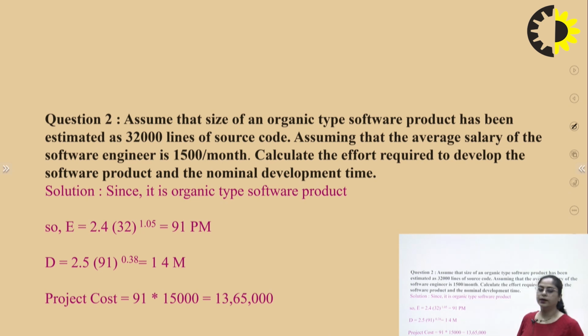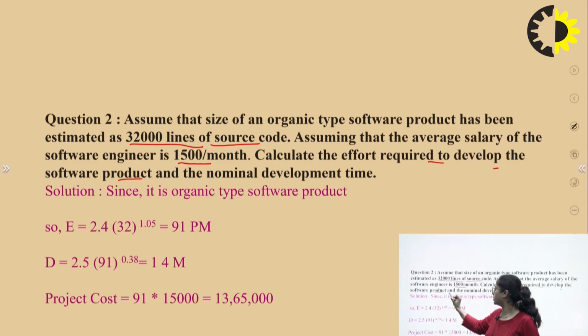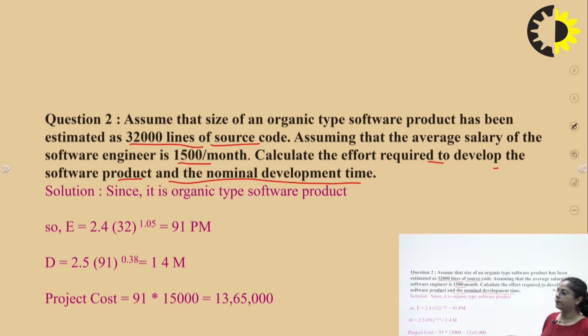Now let's look at one more question. Assume that the size of an organic type software product has been estimated as 3200 lines of source code. Assuming that the average salary of a software engineer is 15000 per month, calculate the effort required to develop the software product and the nominal development time.